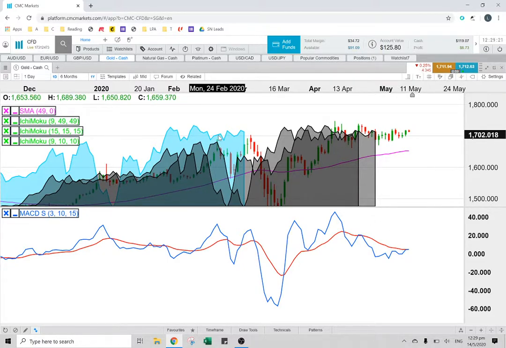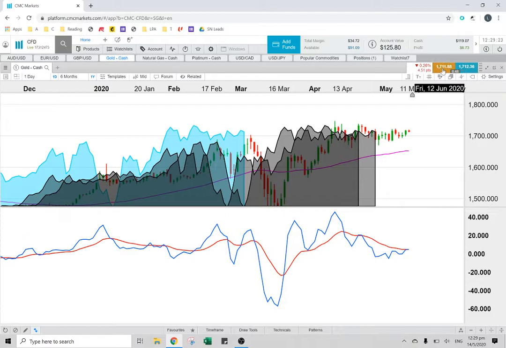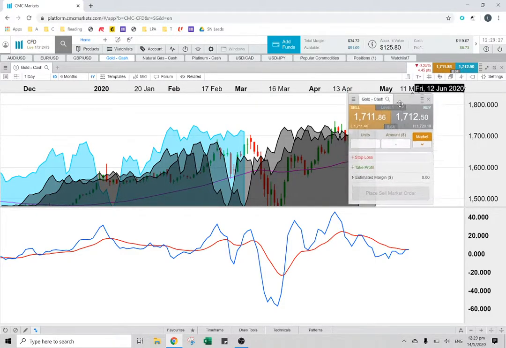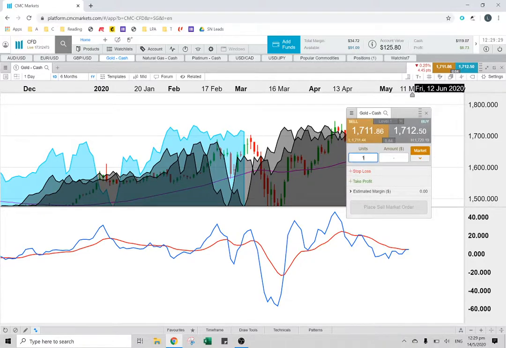But something we can look to buy. Let me see how much margin is required to buy the smallest number of units. I need 486 margin, so I can't trade this market anytime soon based on my account value.